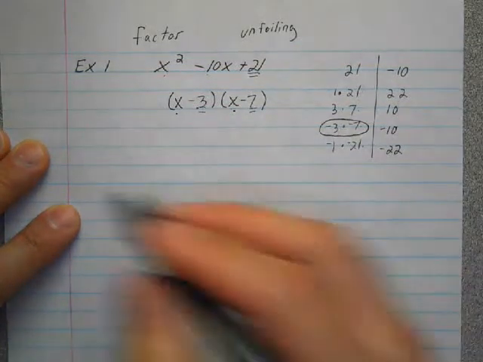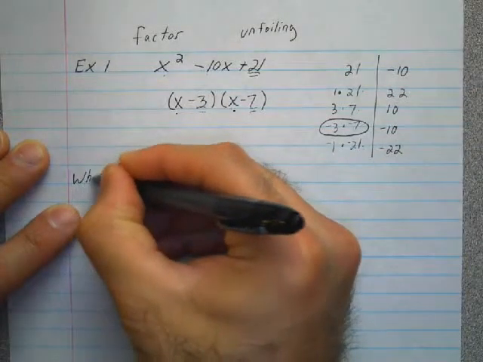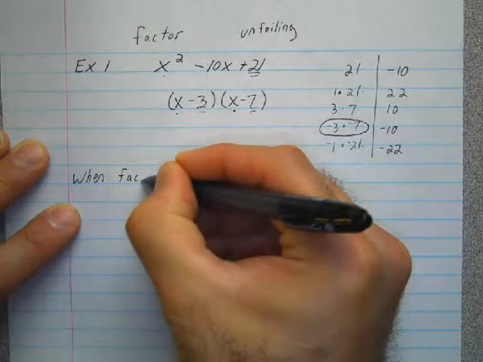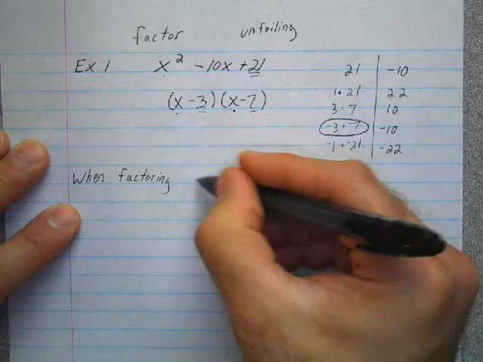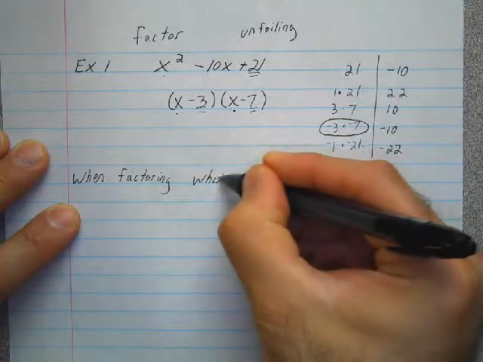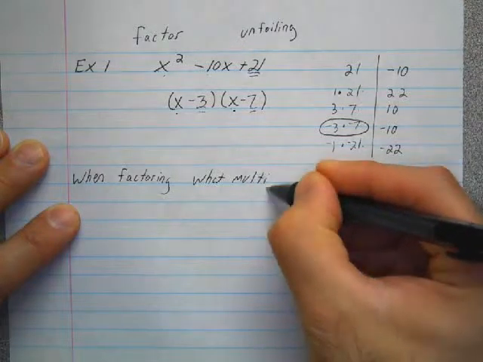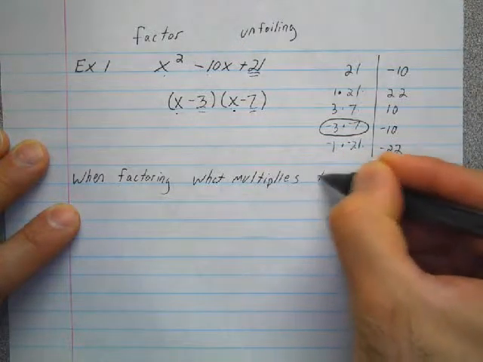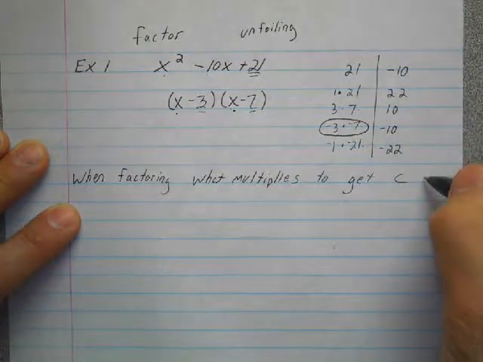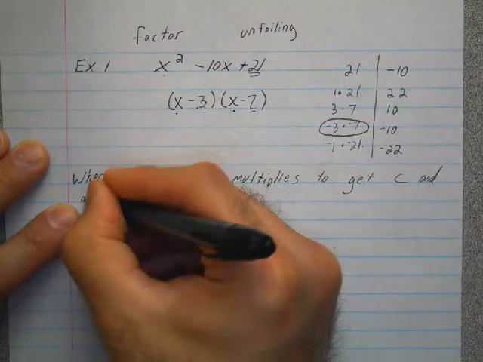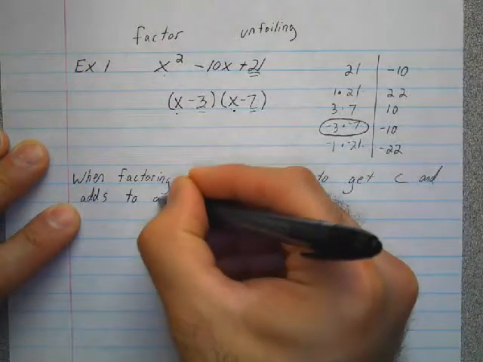So just to make a little note here, when factoring, for our last 2 spots, we have to think of what multiplies to get c and adds up to get b.